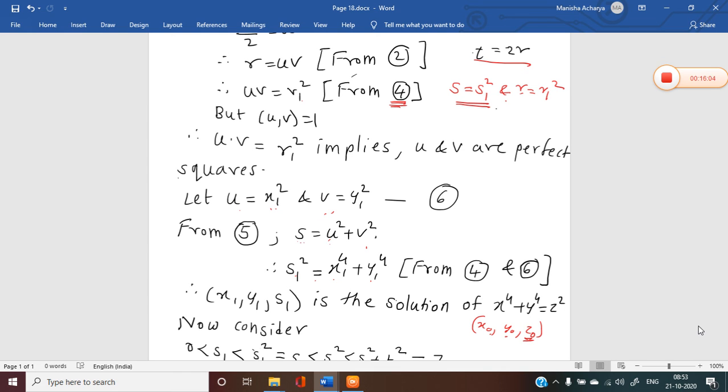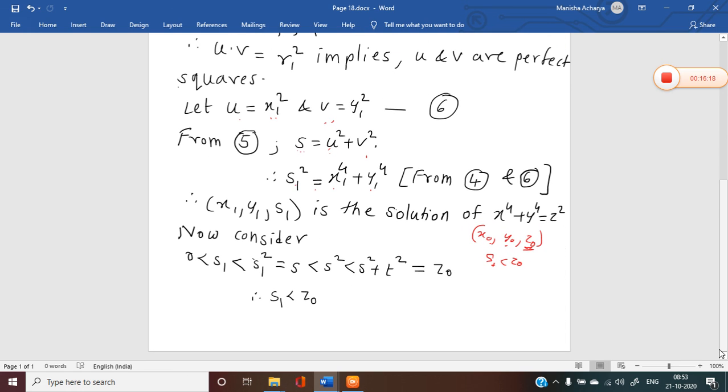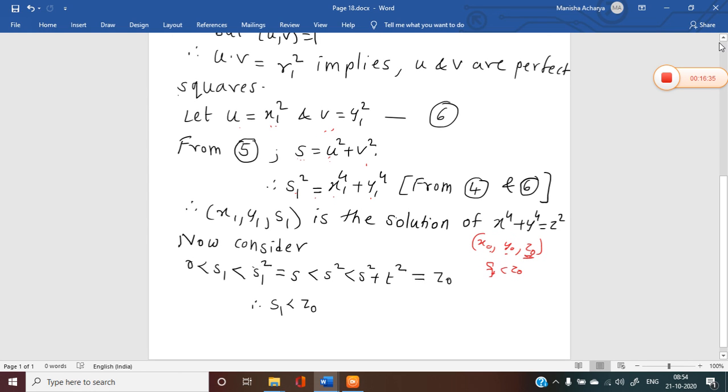Now as I told you, we are going to get the contradiction by showing that s1 is less than z0. If we get s1 less than z0, then we arrive at a contradiction because we are saying that z0 is the smallest positive value for z. So let us see how we get that contradiction. Here s1 is a positive number, so it is less than s1 square, but s1 square is equal to s, as we have seen in equation 4.